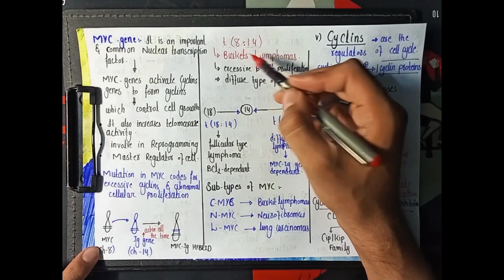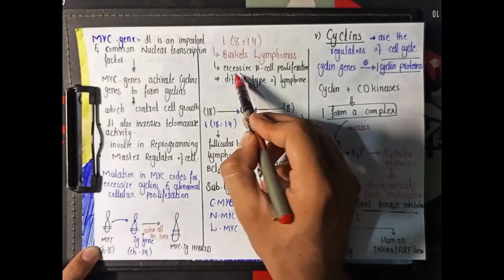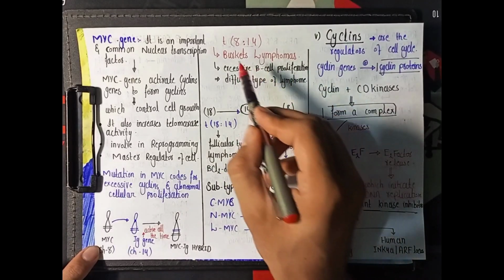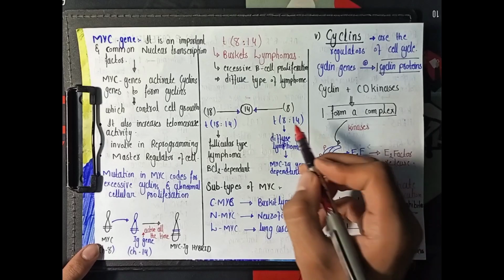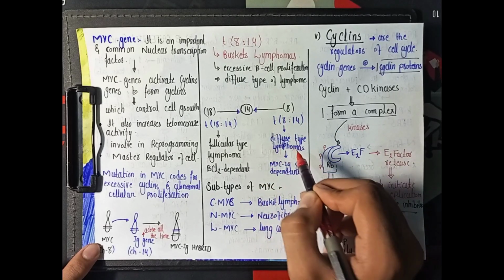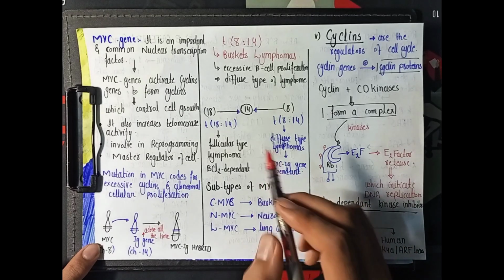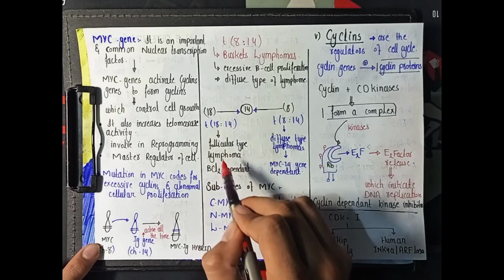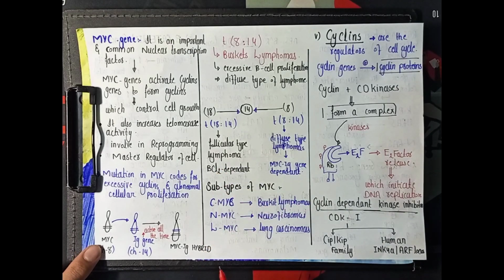The 8 to 14 translocation is seen in Burkitt lymphoma, in which there is excessive B cell proliferation, and Burkitt lymphoma is a type of diffuse lymphoma. So the 8 to 14 translocation is seen in the diffuse type of lymphoma, and such type of lymphoma is MYC-IgG dependent, and 14 to 18 translocation is seen in the follicular type of lymphoma, and it is BCL2 dependent.